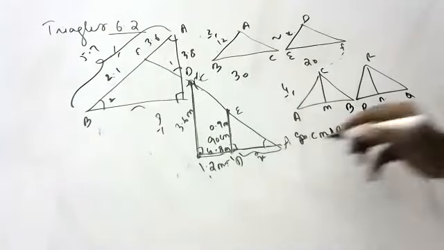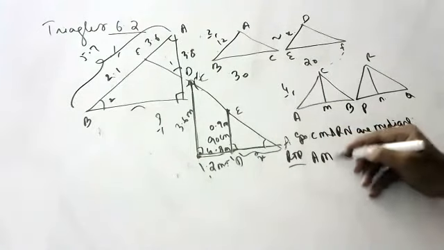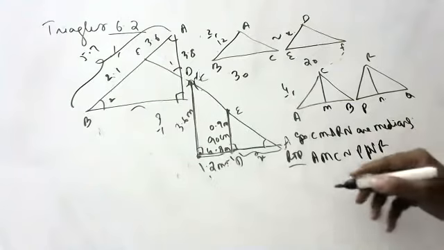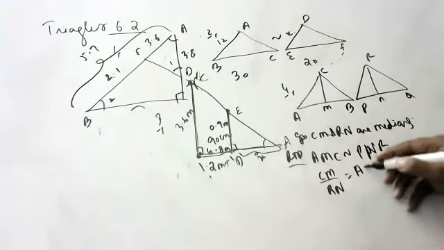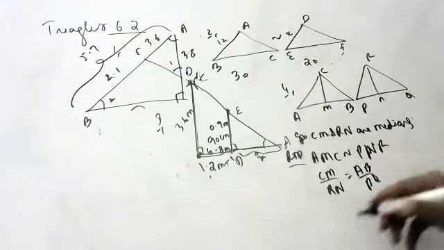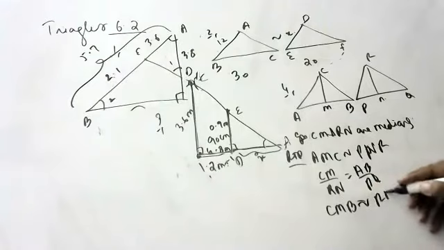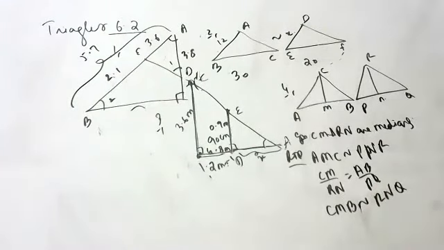We have to prove three things. First, that AMC is similar to PNR. Second, CM by RN is equal to AB by PQ. And third, we have to prove that CMB is similar to RNQ.